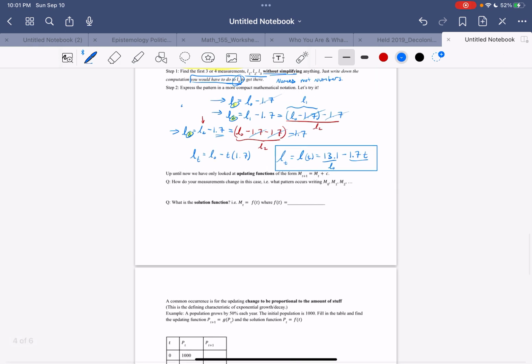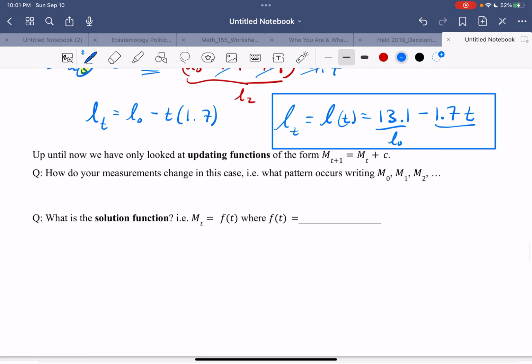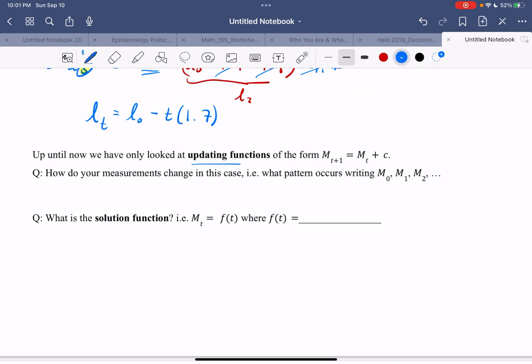Okay, so up until now, we only looked at updating functions of this form. So what do we mean? We mean the next measurement is your current measurement plus some number, right?